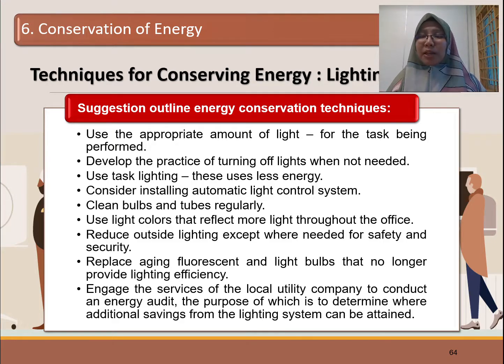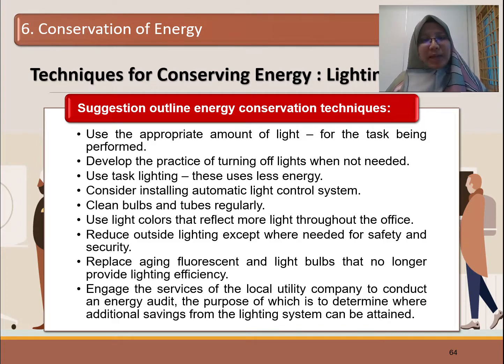But when nobody is in the office, it will automatically switch off. Then you need to clean bulbs and tubes regularly. You need to use colors that reflect more light throughout the office. Next, reduce outside lighting except where needed for safety and security.